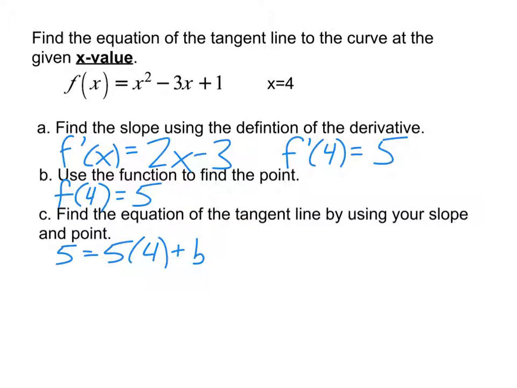And x was our x value that we started with. All right, so then we figure out what that is. So 5 equals 20 plus b. Subtract the 20 from both sides. So we got b equals negative 15, which means our final equation here is y equals 5x minus 15, because of course the slope is still the slope there.